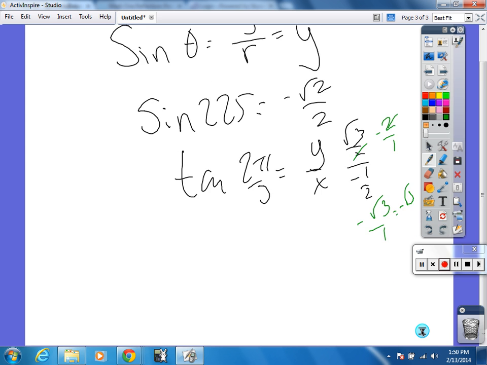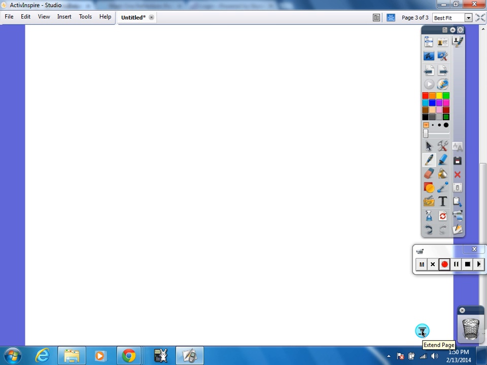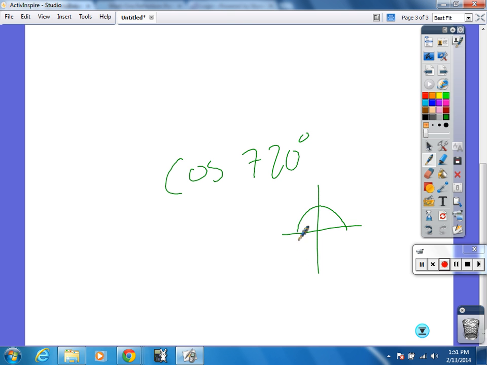Go to the cosine of 720 degrees. Is that on our unit circle? Yes, but no. Right? Because notice 720, there's 360, there's 360, so it's coterminal to 360 and 0, isn't it?